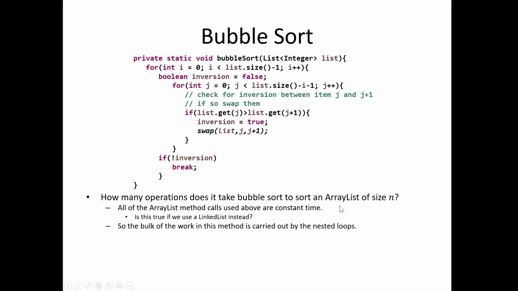Now I've stated here, let's say that our list is of size n. So our list.size here, when we call that, it's going to pop out our n. Okay. And again, we might want to do a quick look here. What methods are we using in here? We have some arithmetic showing up here and there.